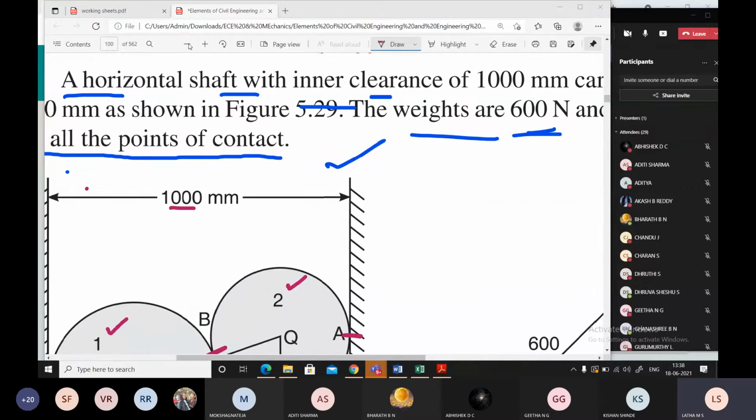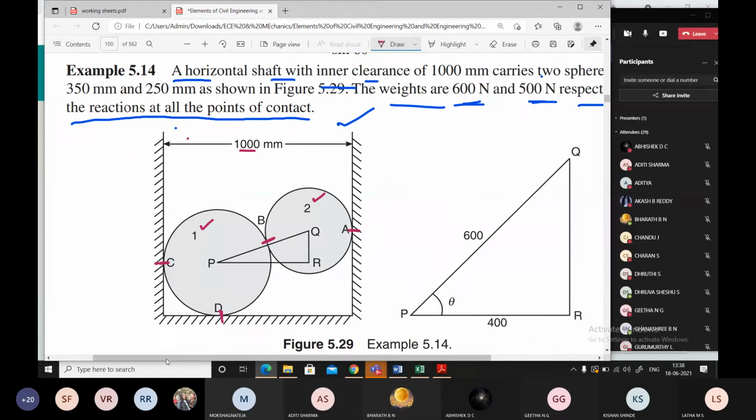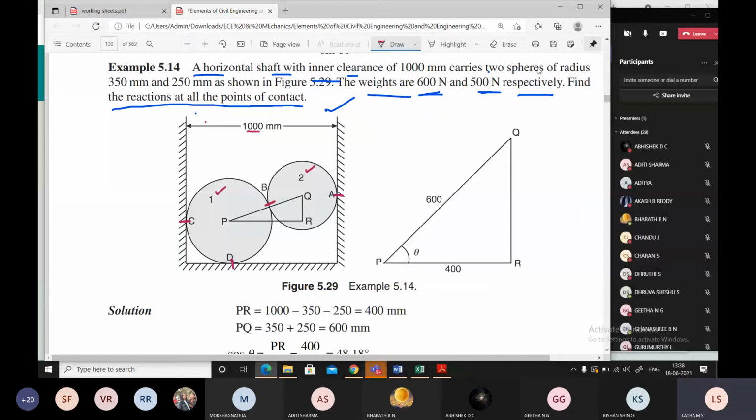The problem says it carries two spheres, 350 mm and 250 mm as shown in the figure, respectively.